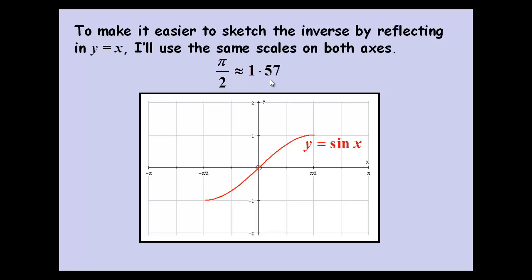Okay, it's better in radians because as you can see the scale's similar. And we've got the scale here going from minus 1 to 1, so we get all of the y values and the x values between minus pi over 2 and pi over 2.